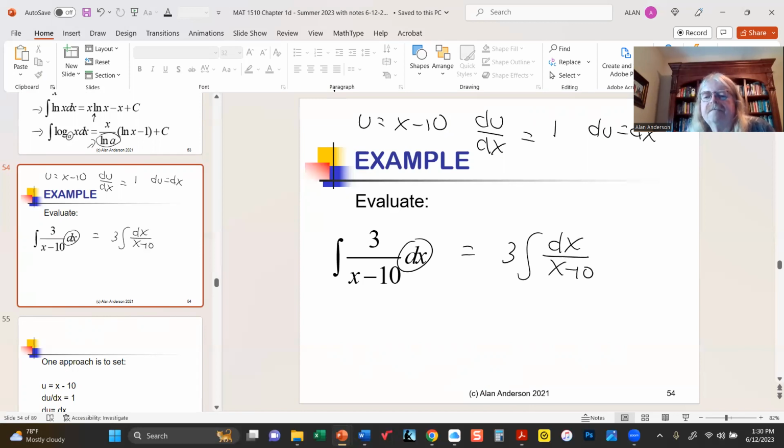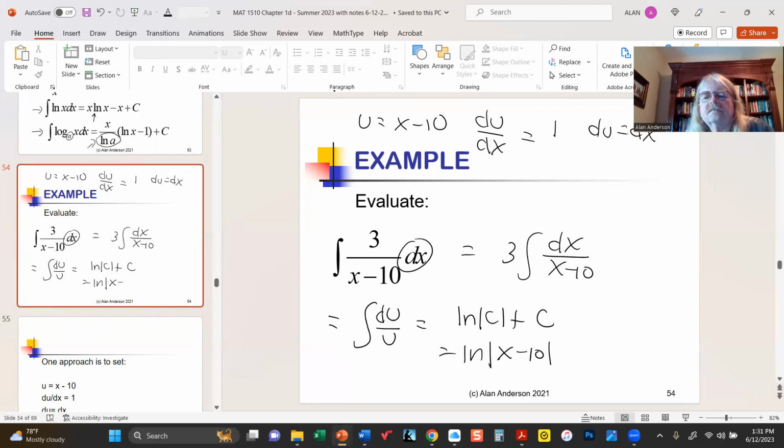Okay, now we can rewrite this, and that means it's the log absolute value of u plus c. Okay, and so that's what this one is all about.